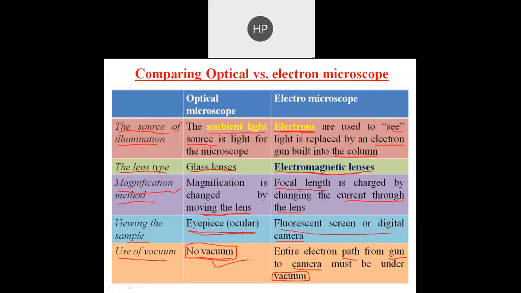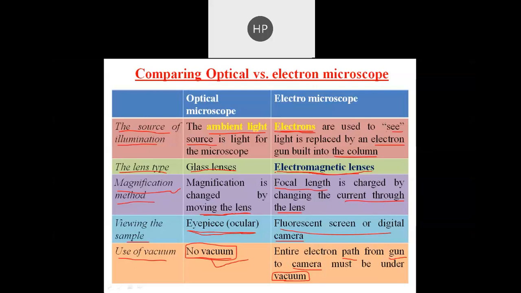Generally this optical microscope we have already studied in our subject material science and metallurgy. In that one we have seen what are the various components of the optical microscope, what is the sample preparation method, how the samples are prepared and mounted to see the microstructure of that particular metal.